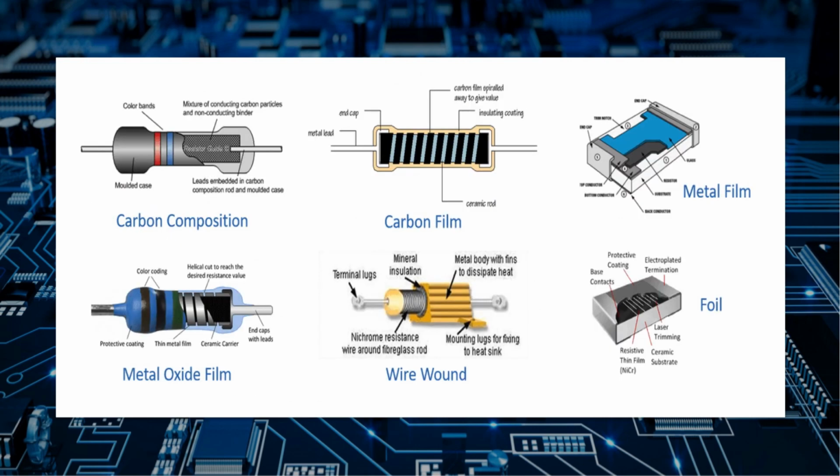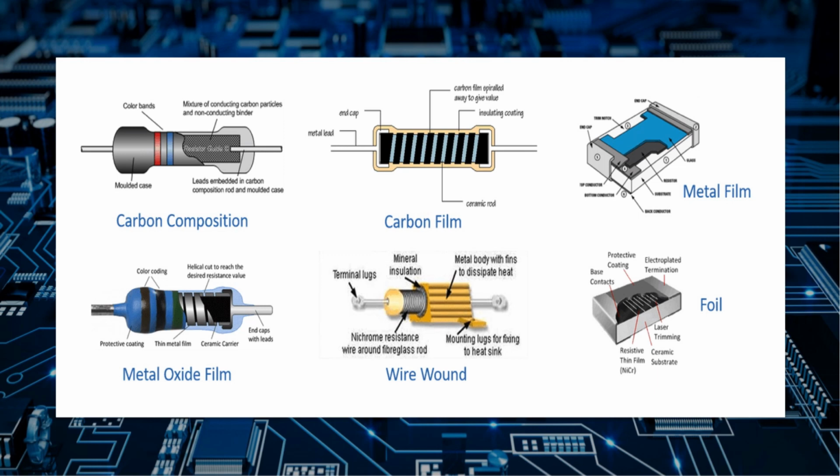Resistors are made from a number of different materials, depending on the required application, size, power rating, and tolerance. There are resistors that are carbon composition, which is essentially a carbon paste that's formed into the shape of a resistor. Carbon film resistors, where there's a thin film of carbon that's wrapped around a substrate.